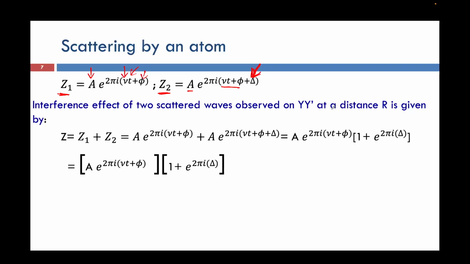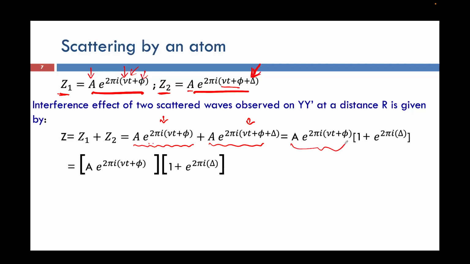Here the Z1 value is A into e to the power 2 pi i, and I have put this value here, and similarly the other value here. Now you can see one common thing: I can take A e to the power i (nu t plus phi) common from both of these terms, and that is what I have done here.